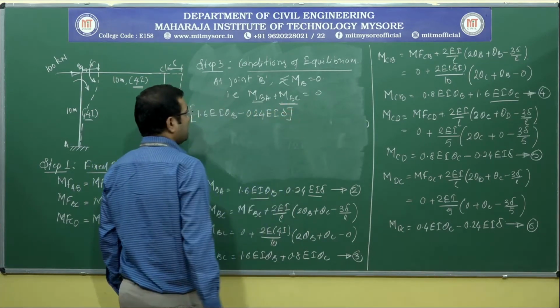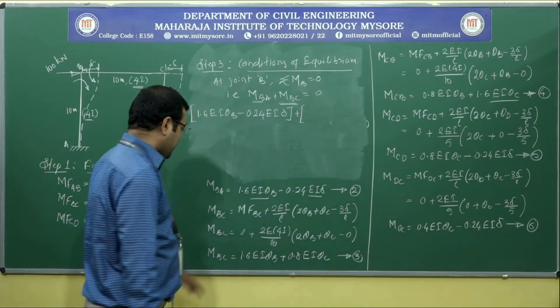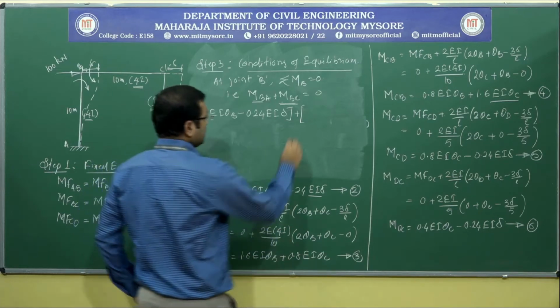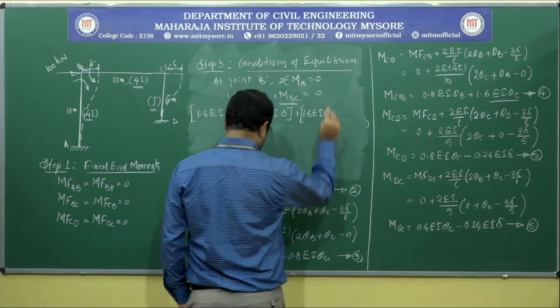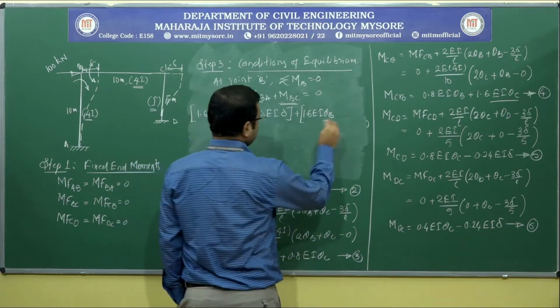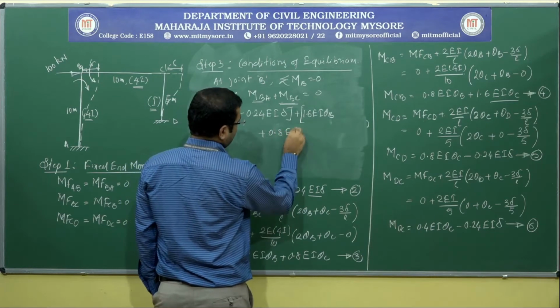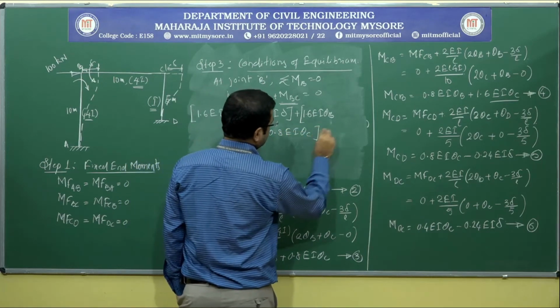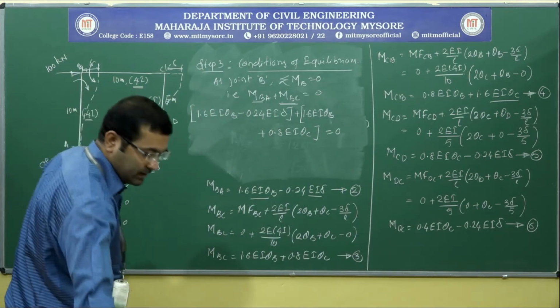It is the value for MBA plus the MBC. We will get it from the equation number 3. That is 1.6 EI theta B plus 0.8 EI theta C. This sum should be equals to 0.